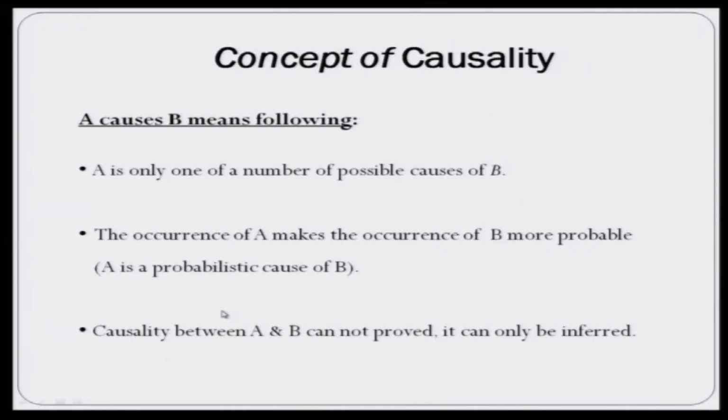When we say in marketing research that A causes B, what does that actually mean? It actually means three things. When we say that A causes B, that means A is only one of the possible causes of B. So, there can be other causes that could also lead to B other than A. Then the occurrence of A makes the occurrence of B more probable. So, it is basically a probabilistic thing.